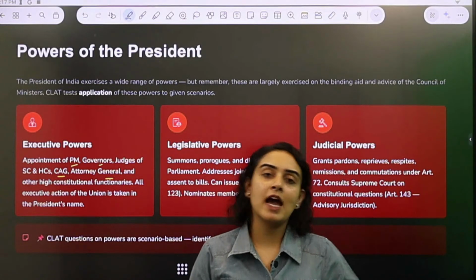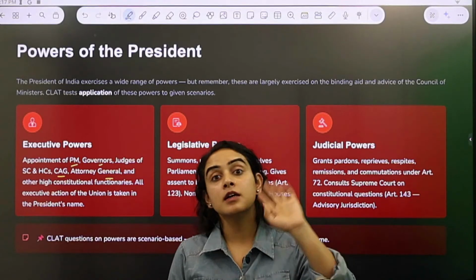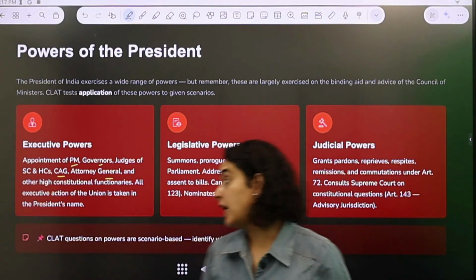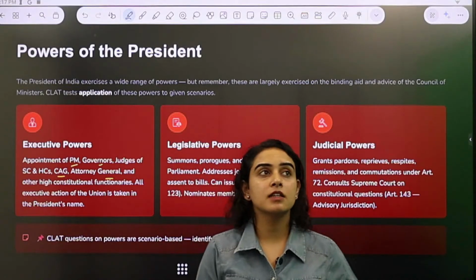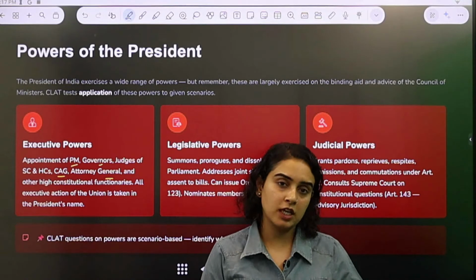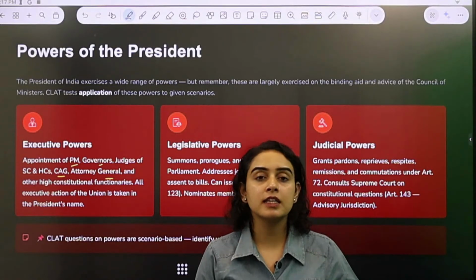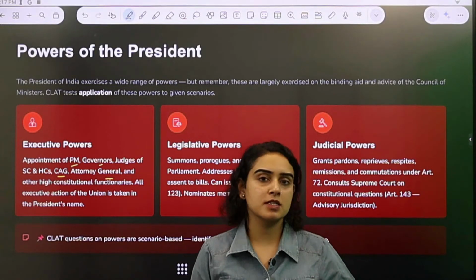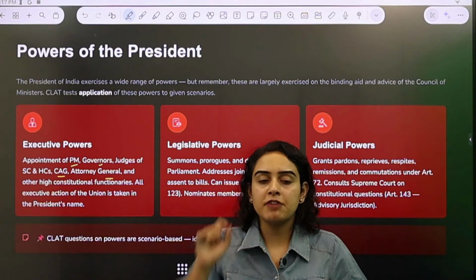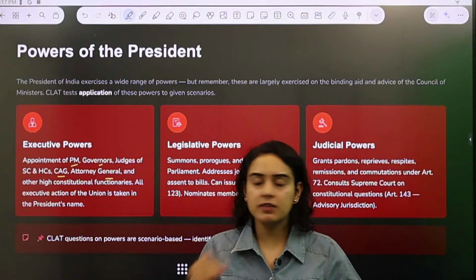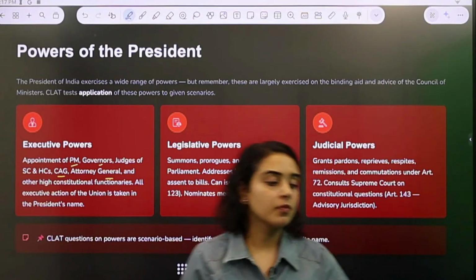All of them are actually appointed by the president, right? Apart from that, any executive action that the central government has to take, it has to do under the name of the president. It's the president's name and signature that is going to be the final stamp. All right. Other than that, it's not applicable.